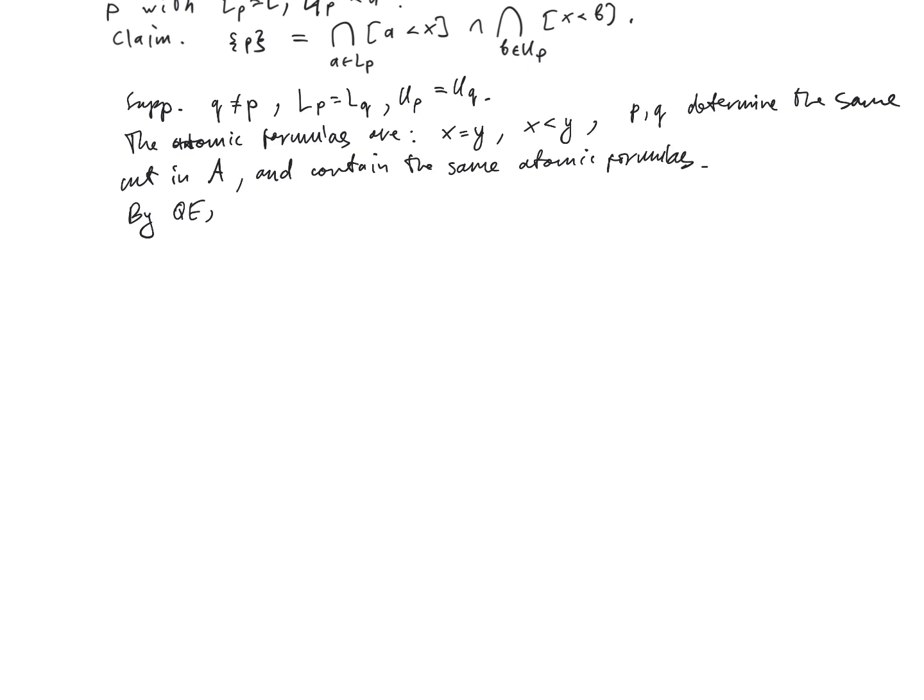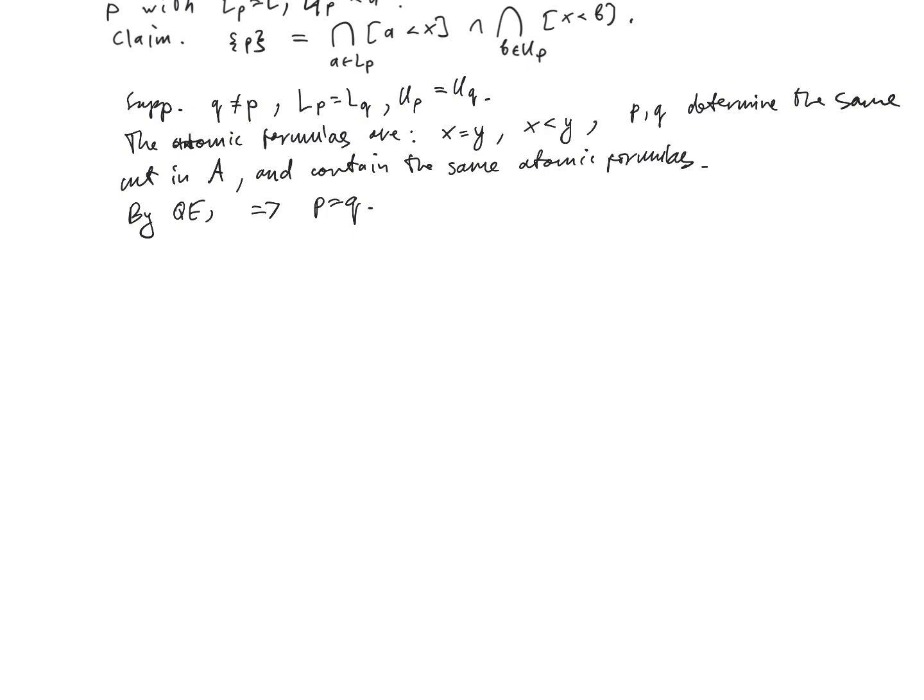All quantifier-free formulas are simply Boolean combinations of atomic formulas, so it follows that P and Q contain the same quantifier-free formulas, and hence they agree on all formulas up to logical equivalence. So by QE it follows that P is equal to Q.